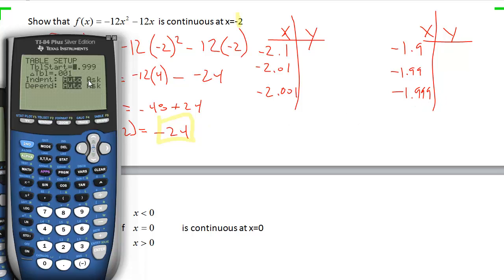And we'll go ahead and change this. I'm going to start at negative 2.1. At negative 2.1, I'm at 27.72.